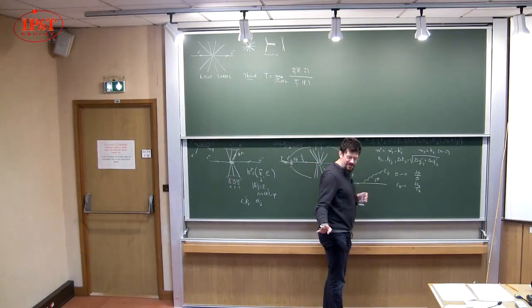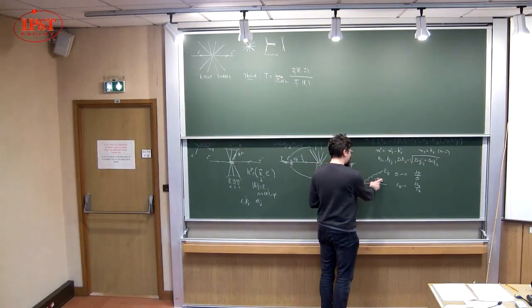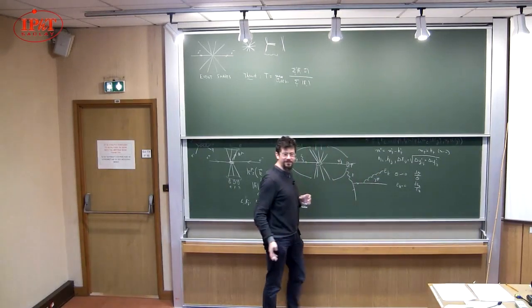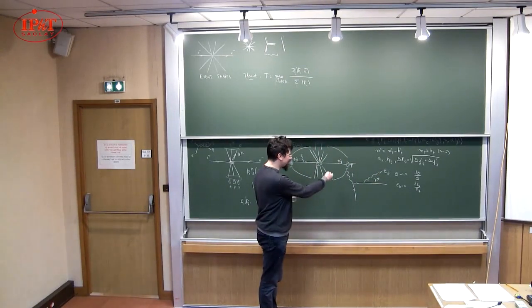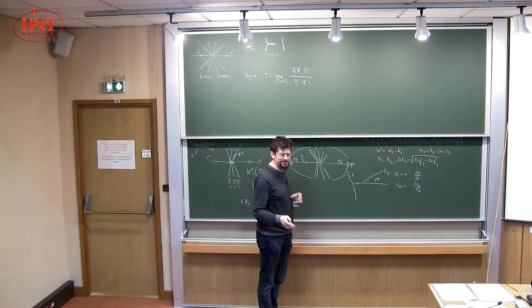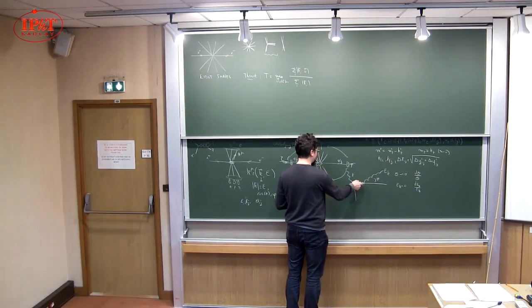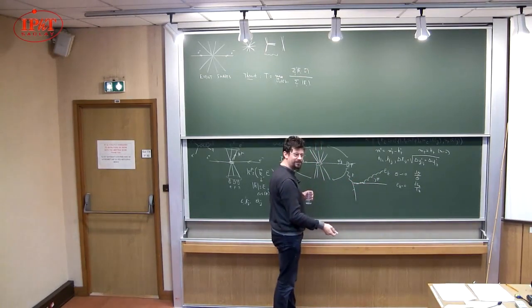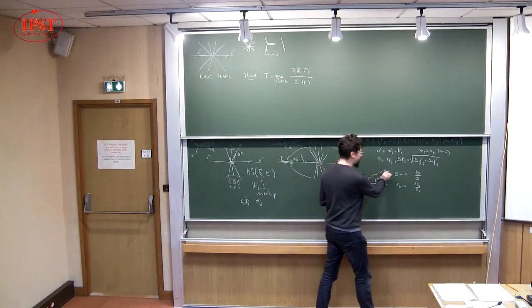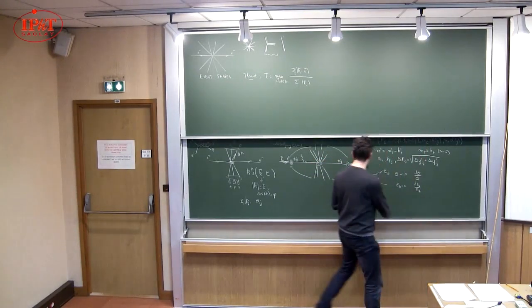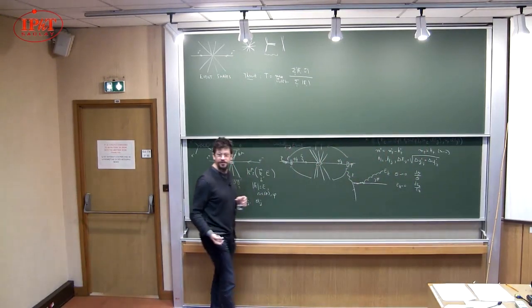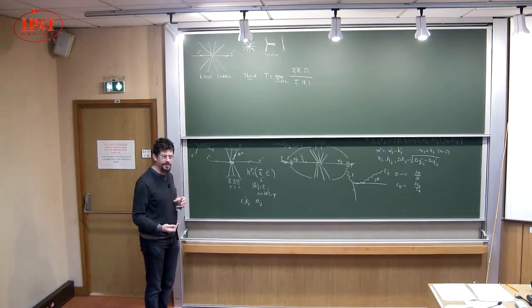Remember, I'm working with massless particles. Either this angle goes to 0 or this energy goes to 0. What happens to this amplitude, graph, whatever? If you write down the amplitude for this, you're going to have a propagator for this object here. If this angle goes to 0 or this energy goes to 0, that propagator goes on shell. So the amplitude for this is just going to blow up. So these are both examples of infrared divergences.